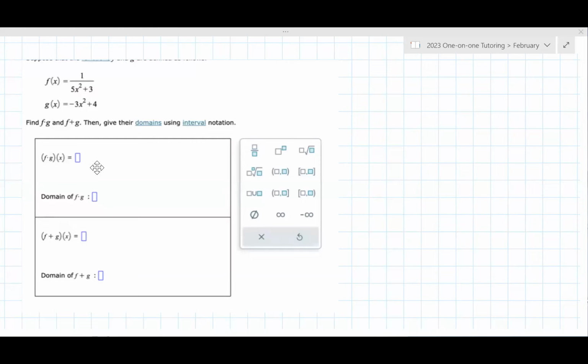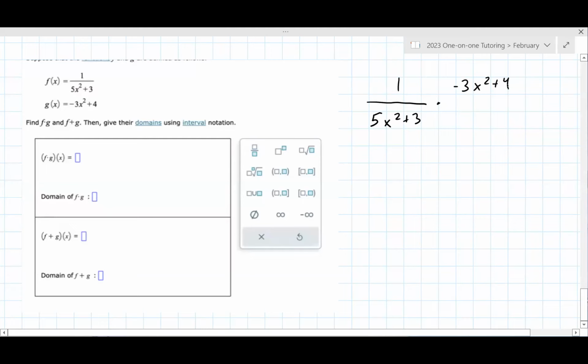So f times g of x. So that's 1 over 5x squared plus 3 times minus 3x squared plus 4. And then when you're multiplying them, the thing in the top just stays in the top, thing in the bottom stays in the bottom. So it's minus 3x squared plus 4 over 5x squared plus 3.